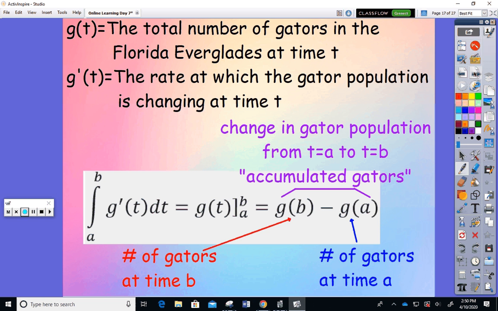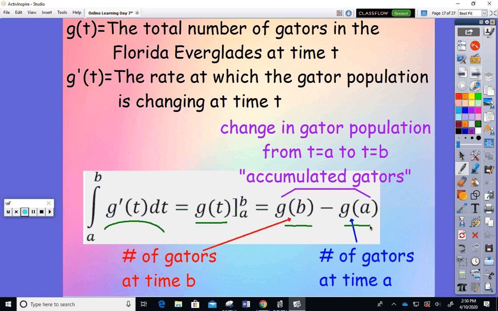So the same thing, if G of t represents the total number of gators, G prime of t represents the rate at which that gator population is changing. If I integrate G prime of t, the antiderivative of G prime is G. Then I go from A to B, G of B minus G of A, and I subtract. So I would be calculating the gator population at time B, the gator population at time A, and getting the difference in the two gator populations.